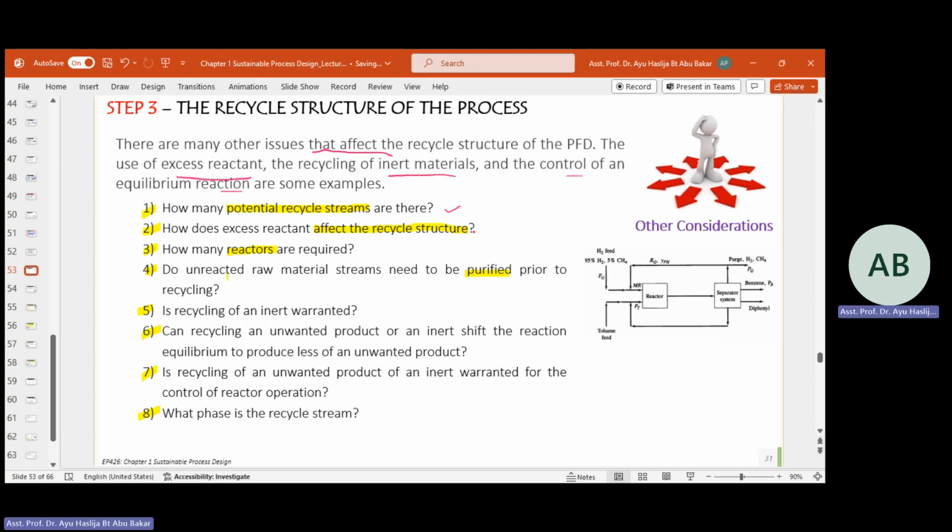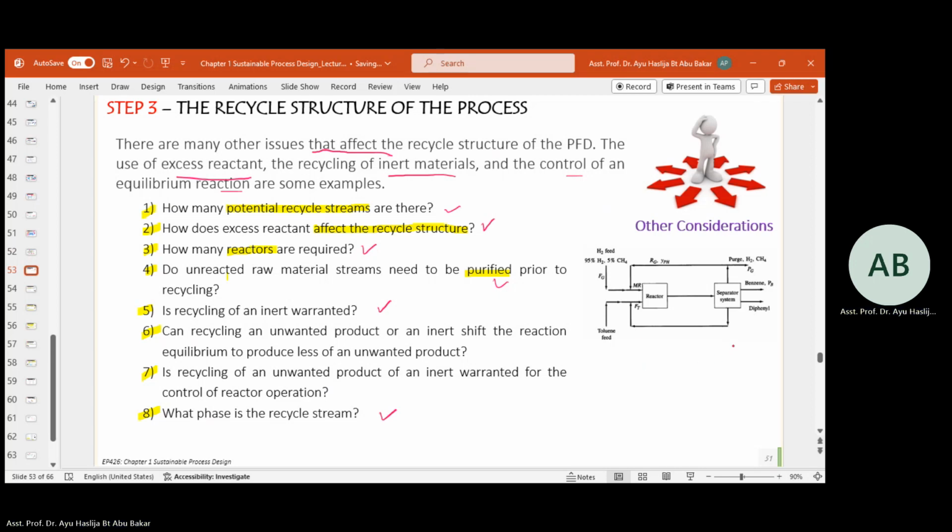How does excess reactant affect the recycle structure? How many reactors are required? How do the unreacted raw material streams need to be purified? Is recycling an inert warranted or not? Do you need the inert to be recycled? And what phase is the recycle stream? If you need to change phase, then you need to install a heat exchanger. Again, it is a cost.